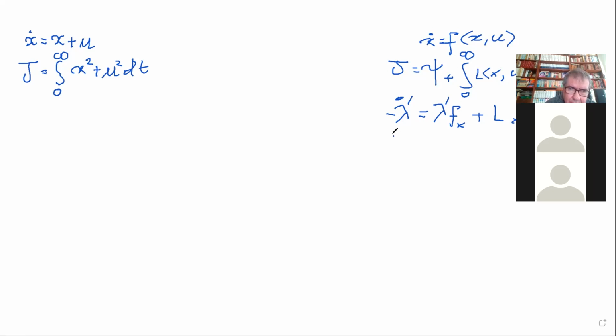And then we have the Hamiltonian equals lambda transposed f plus L. And then there is something that we are going to assume, which is that lambda is minus P x.